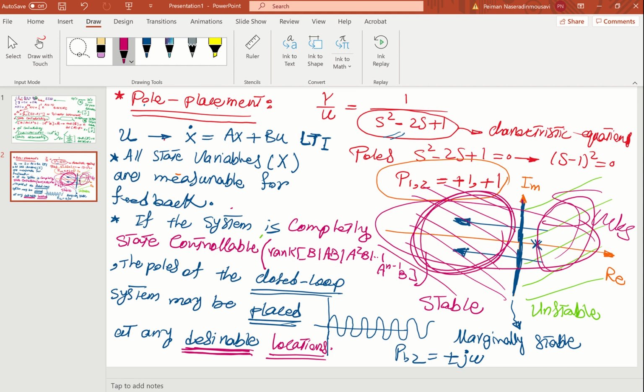Locations, let me go to the next page. So if the system is completely state controllable, the poles of the closed loop system may be placed at any desirable locations. Next page.